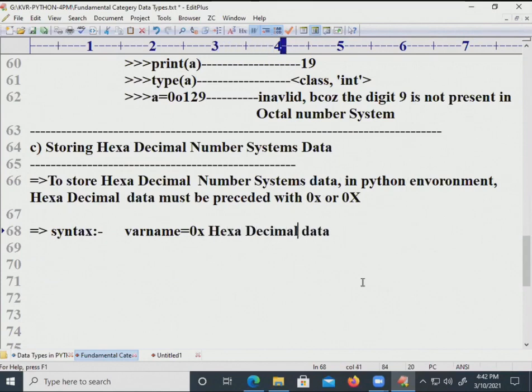If I go to the example part, it is something like this.